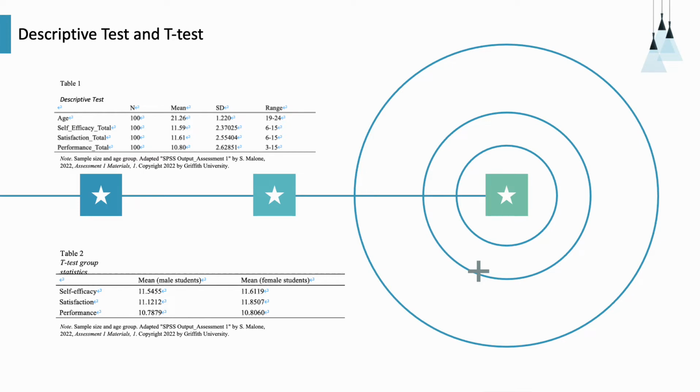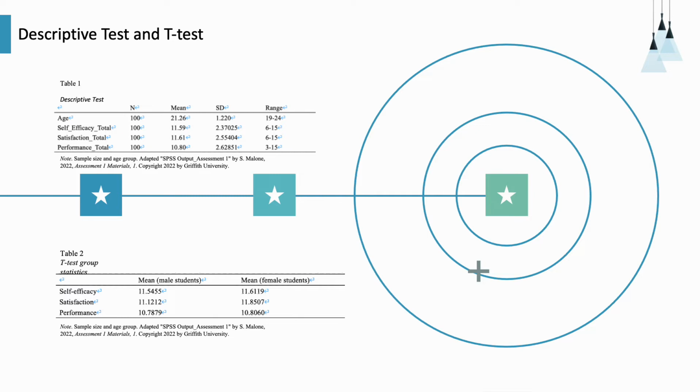The second table, the t-test group statistics, showed that the average Likert scale of male students, 11.5455, is smaller than that of female students, 11.6119, in terms of self-efficacy. Similar results were achieved for satisfaction and performance.